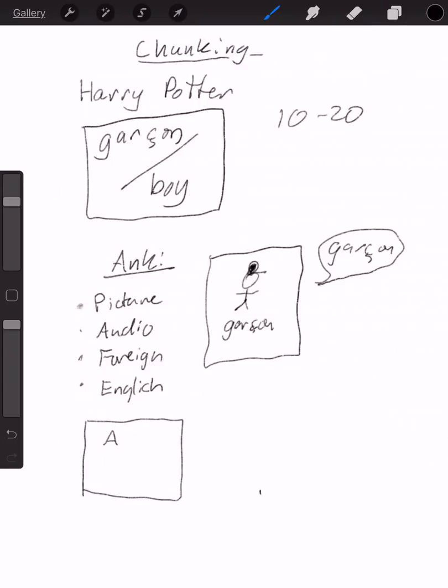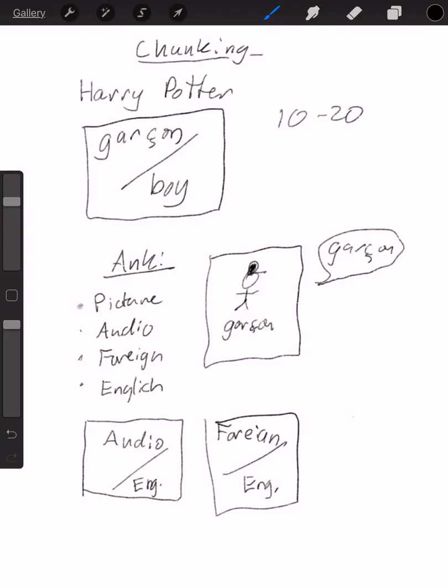It would have just audio, and I would have to come up with the English word. Then foreign to English, and then I might just have the picture on it and the foreign word, without the English word. I'd make all these flashcards to try to recall this one idea.